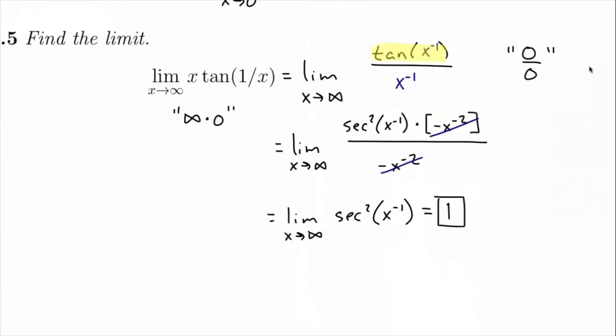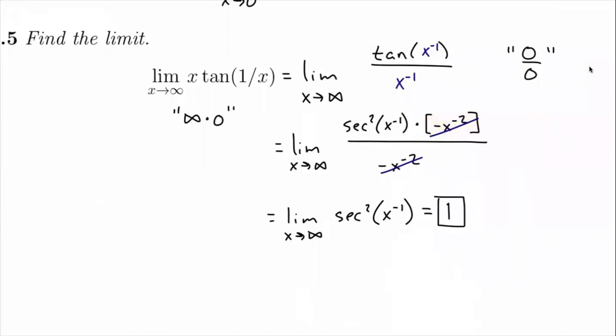So derivative of tangent of x inverse: our outer function's tangent, its derivative is secant squared of whatever its argument is, times the derivative of its argument. Well, its argument is x to the negative 1. It has a derivative of negative x to the negative 2. Right?